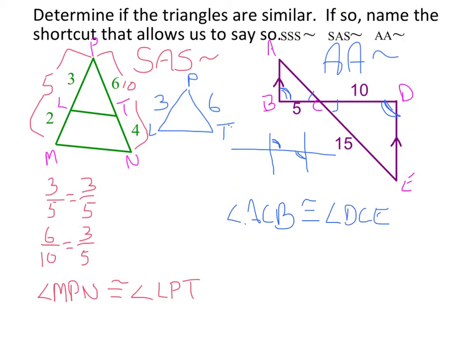Those would be my vertical angles. Then I'm going to do the other set that I just found. Angle ABC congruent to angle EDC. Once I've listed 2 angles as being congruent, one from each there, I have my shortcut, angle, angle. No ratios needed, no numbers, nothing like that for angle, angle.